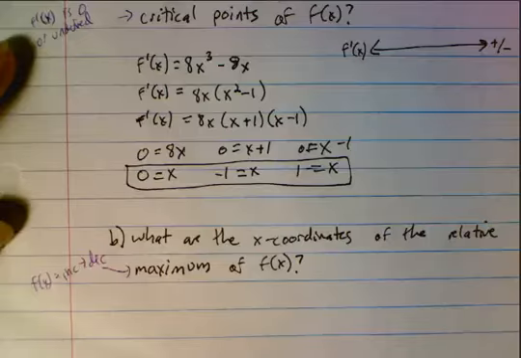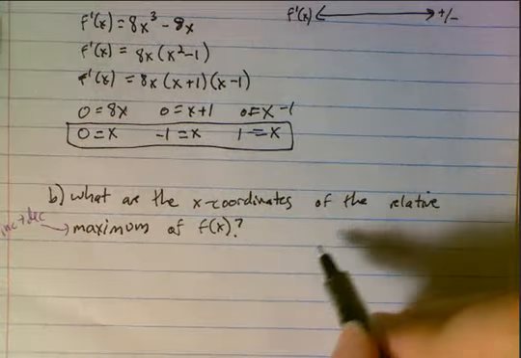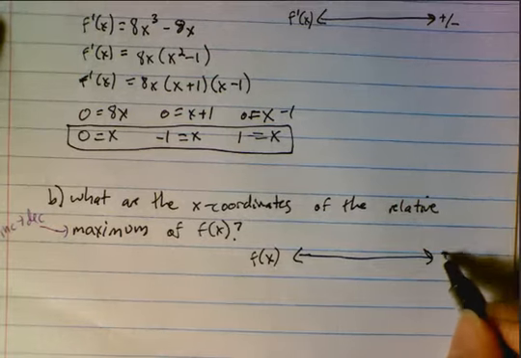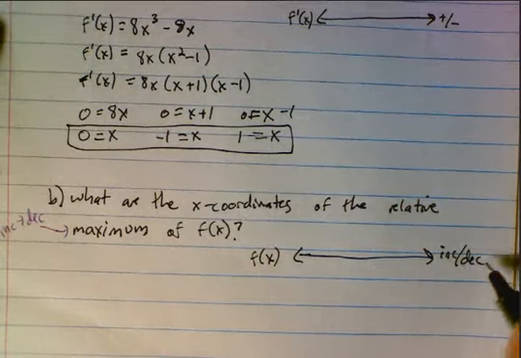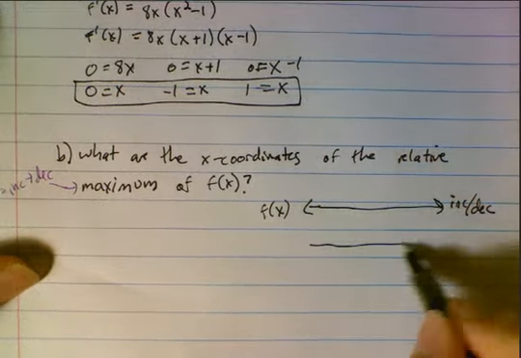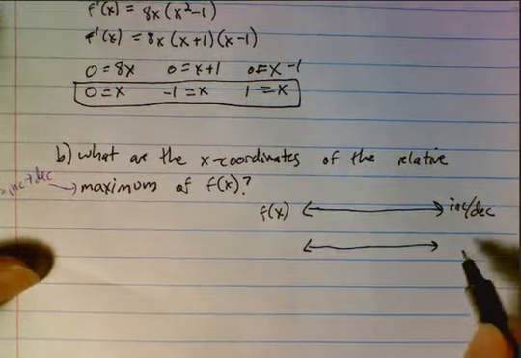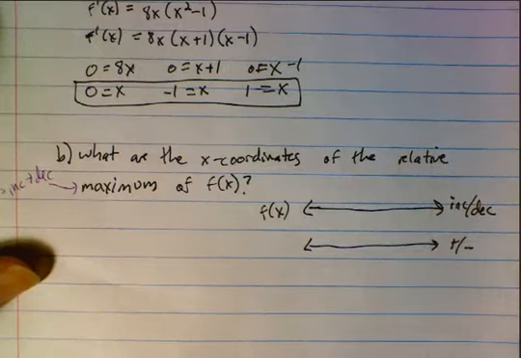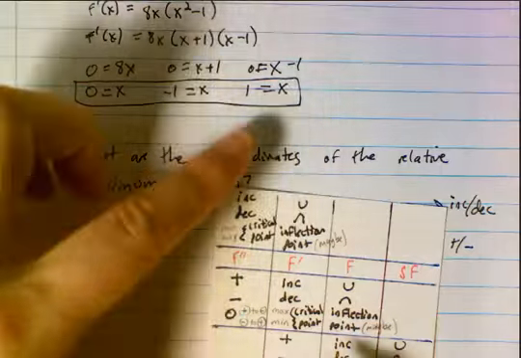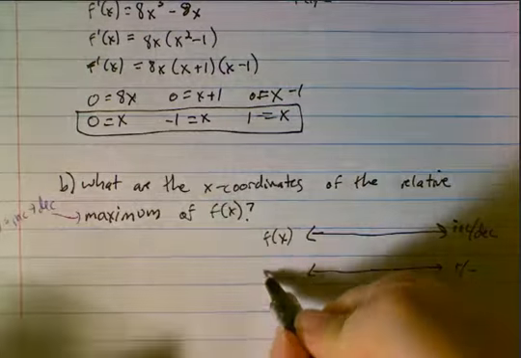That's what the maximum means. So we have to have a chart with f of x and increasing, decreasing. Now remember, because we have an equation, we can't find increasing, decreasing, we can only find positive, negative. So if f of x is increasing, decreasing, f prime is the one that's positive, negative.